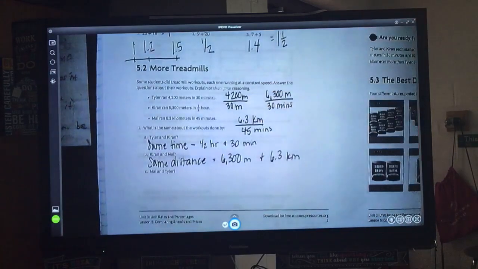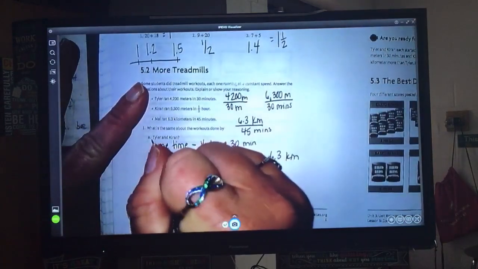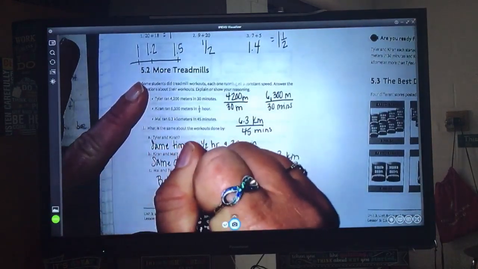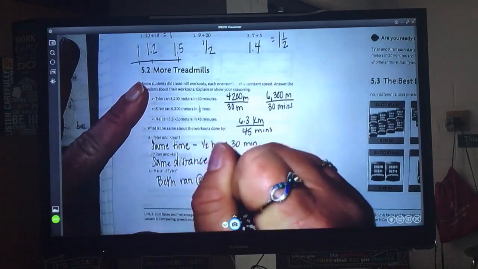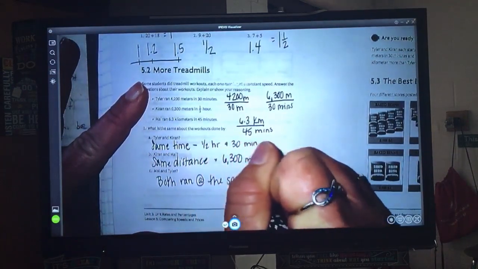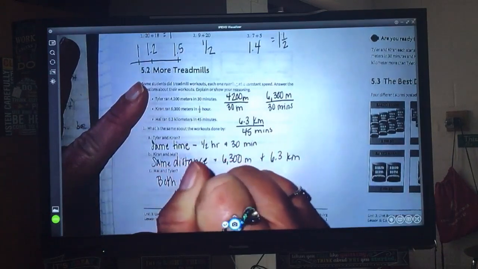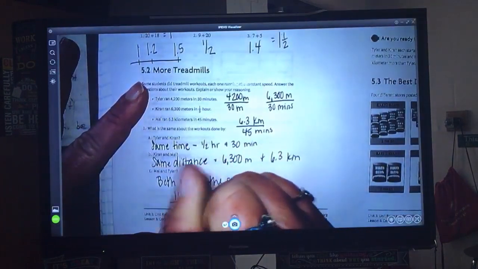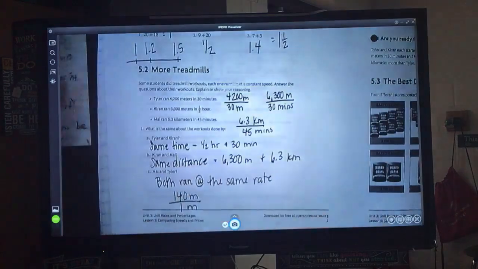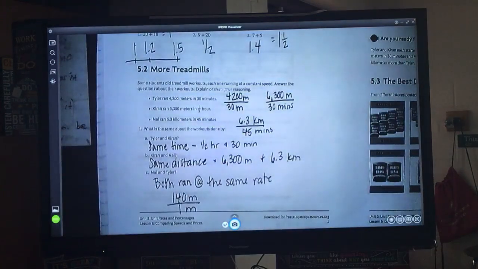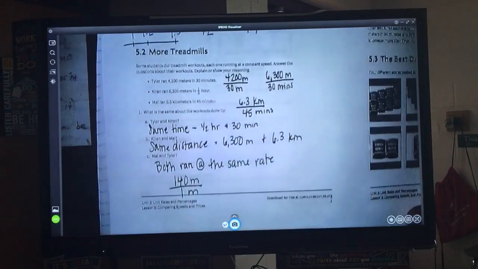It's the same. So they both ran at the same rate, which was what? For 1 minute. Yeah. All right, so is that what you came up with, Brock? Good.